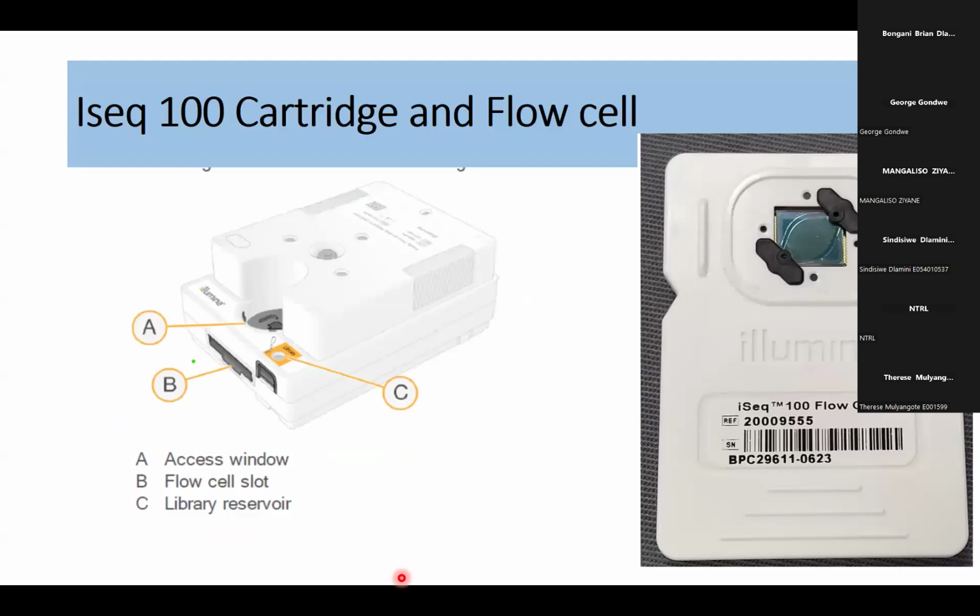So this is the cartridge that we use for sequencing. So the sequencing takes place here. So the cartridge basically has the reagents for sequencing. Then the sequencing takes place on this small glass here. This small glass gets here in B. Then the sequencing will take place.